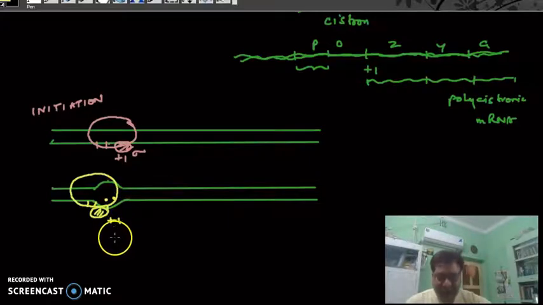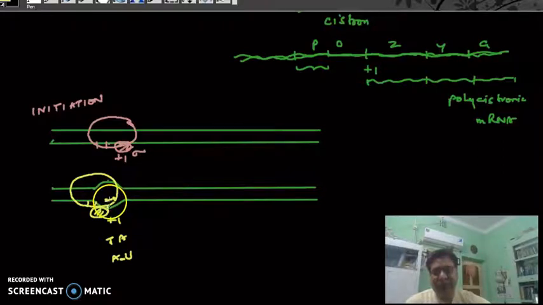Say if the start site constitutes a T and an A, then the 2 nucleotides brought here will be A and U. And a covalent bond between them will be created. That covalent bond is the phosphodiester bond, created by this RNA polymerase. So this completes the initiation process.